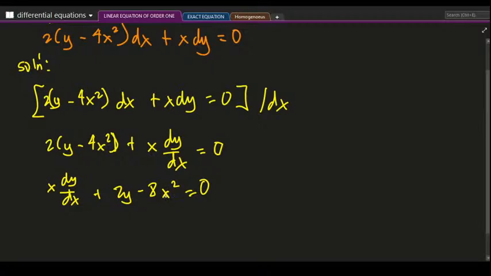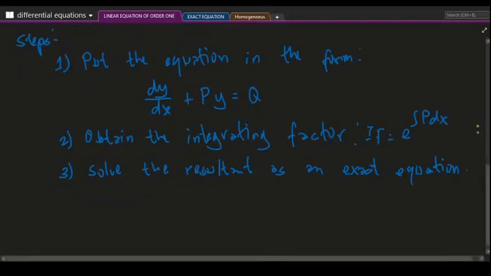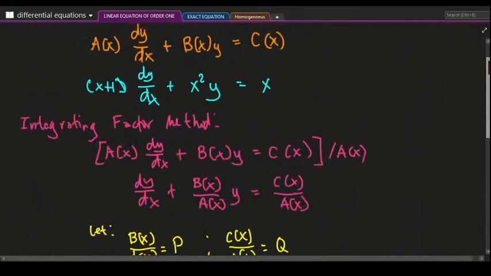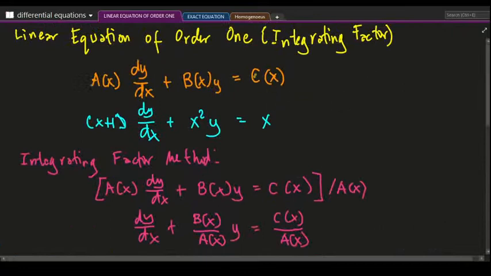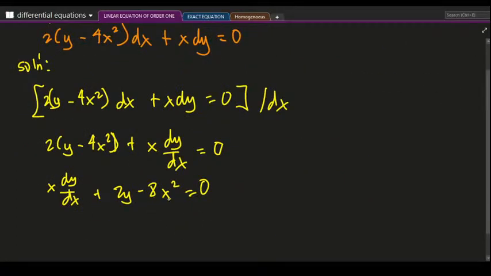From the standard form of our linear equation, this is a pure function in terms of x, so for our example the 8x squared is c of x. So we could transpose this to the other side of the equation. So we have x dy/dx plus 2y is equal to 8x squared.